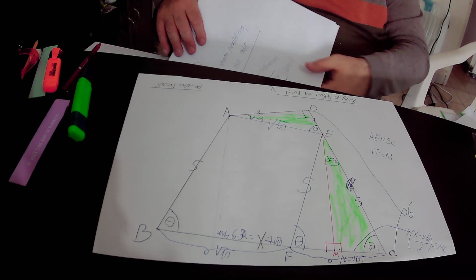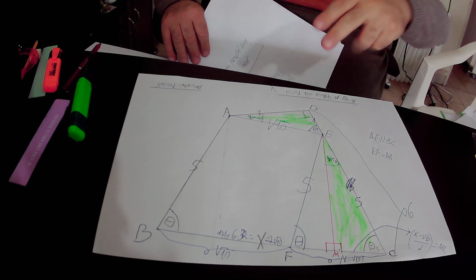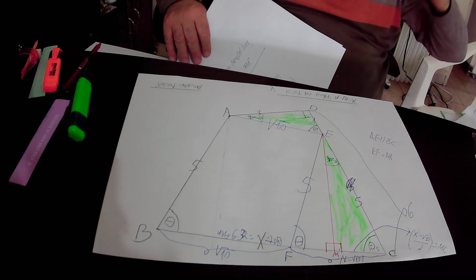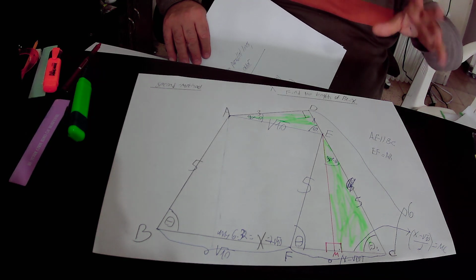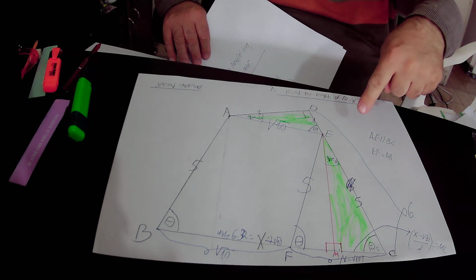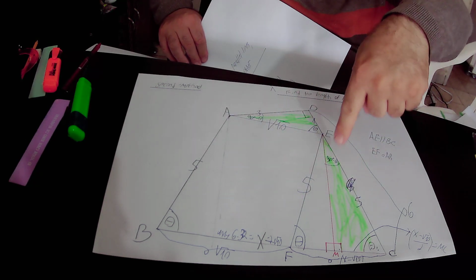Actually, in this way, we created parallelogram AEBF. Any quadrilateral that has two couples of sides that are parallel to each other is defined as a parallelogram. Here, side AE is parallel to side BC and side AB is parallel to side EF.